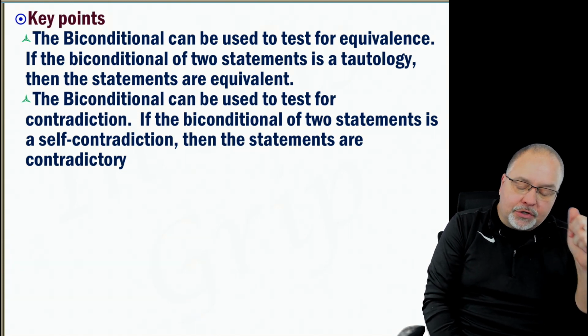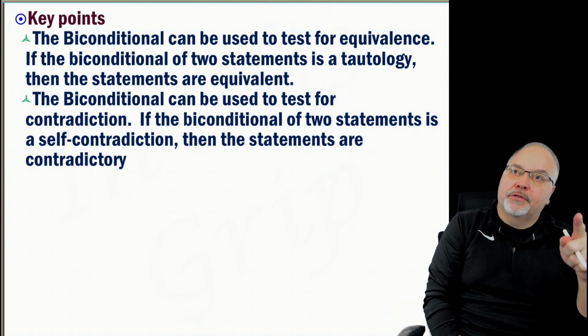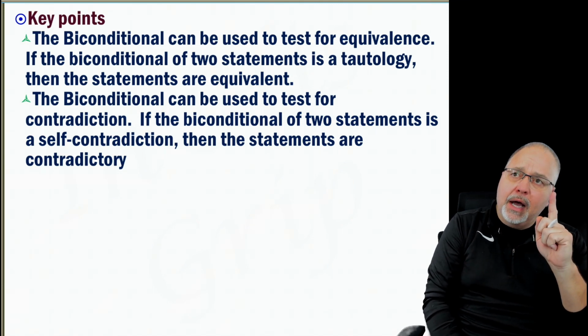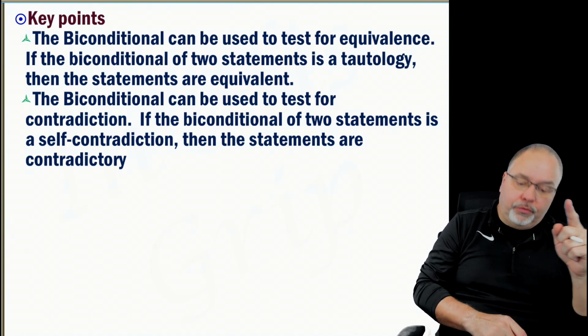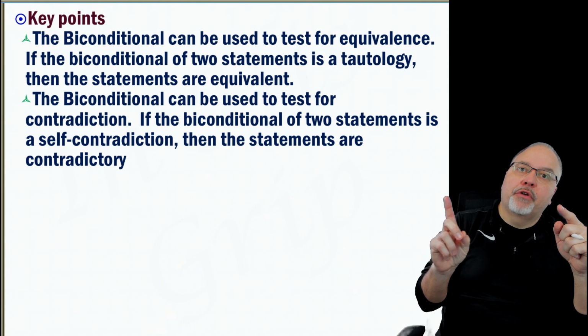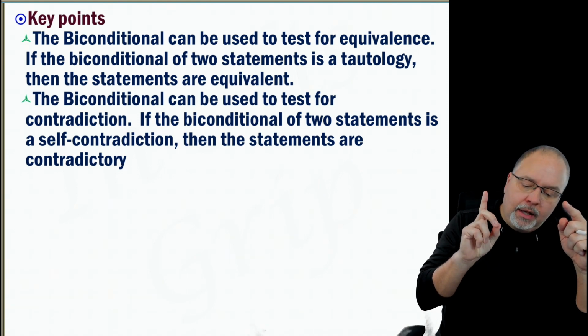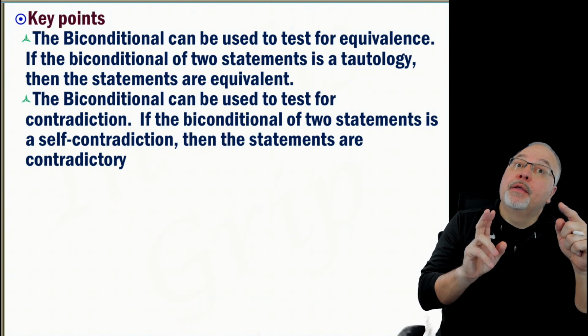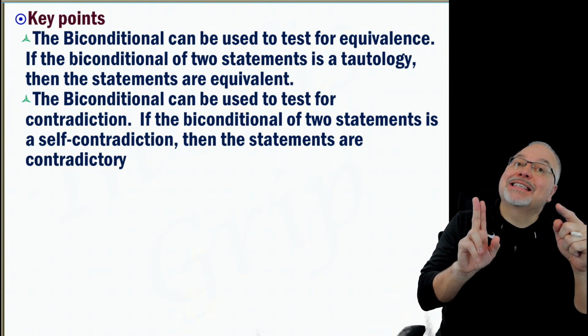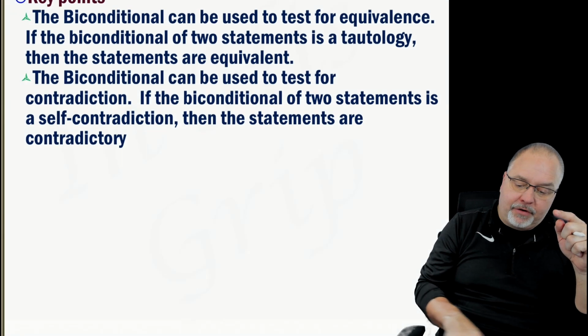If the biconditional of two statements is a self-contradiction, then the statements are contradictory. Remember, self-contradiction, false every single row. Tautology, true every row. They are equivalent if they have the same truth value for every single row.